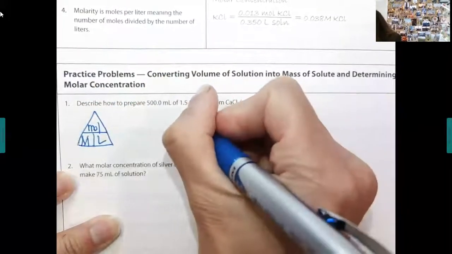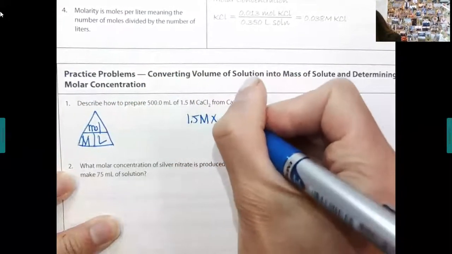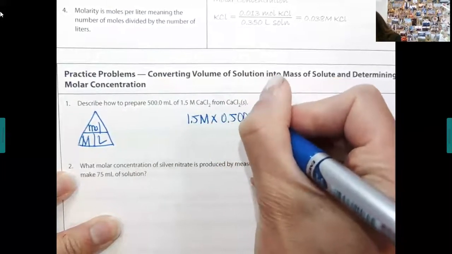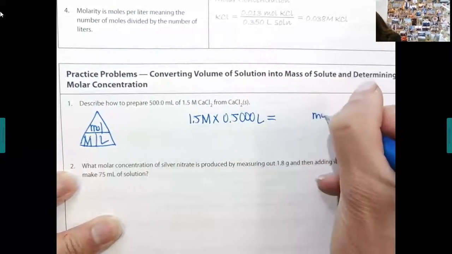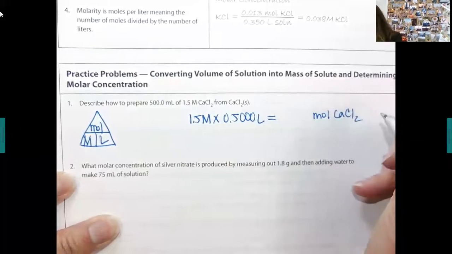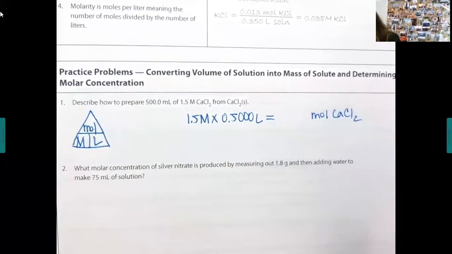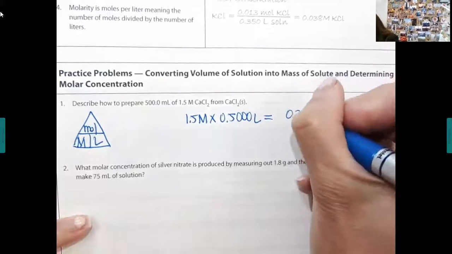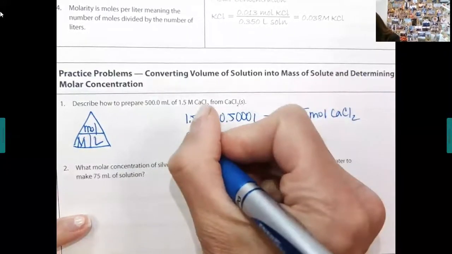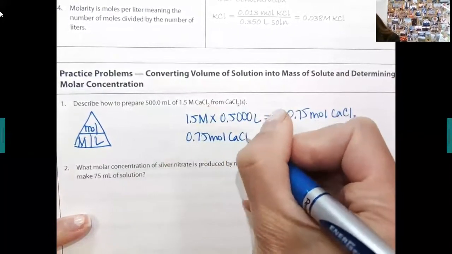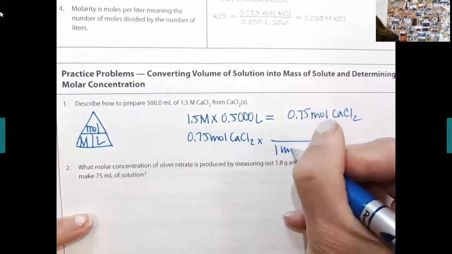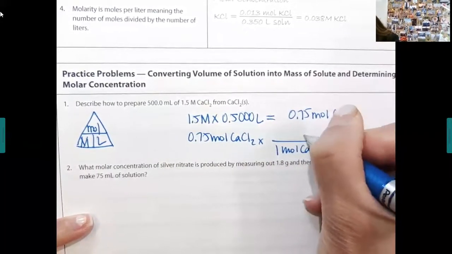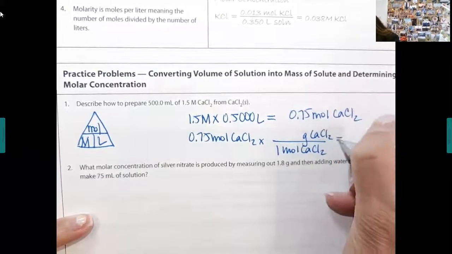So you're going to take your 1.5 molarity times 0.5 liters. That will give you your moles of calcium chloride. Then you're going to take your moles of calcium chloride and you're going to put the molar mass on top here.